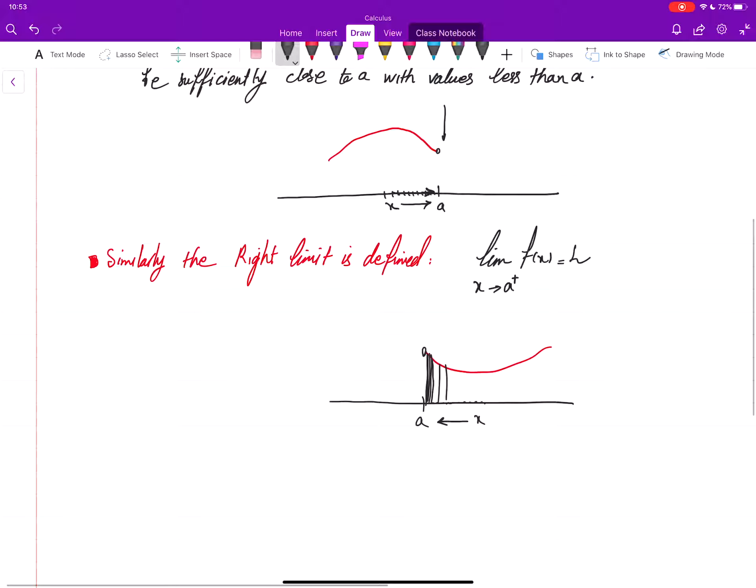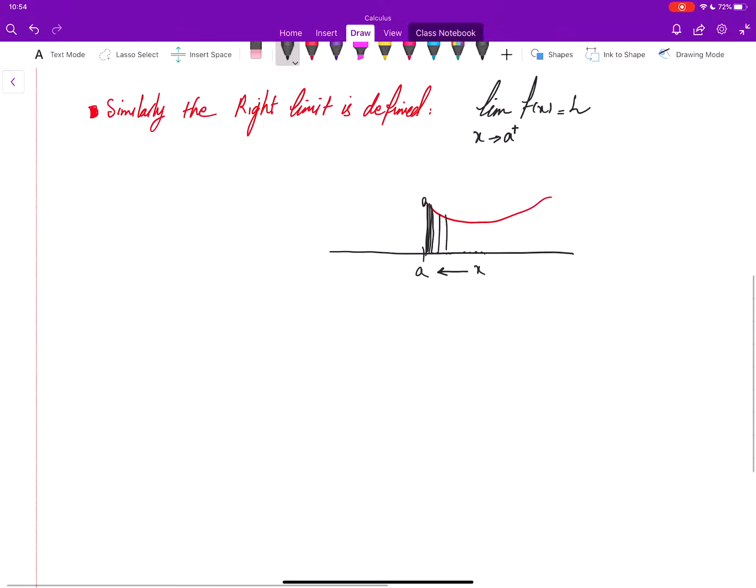Okay, let's see an example, which is by graph.